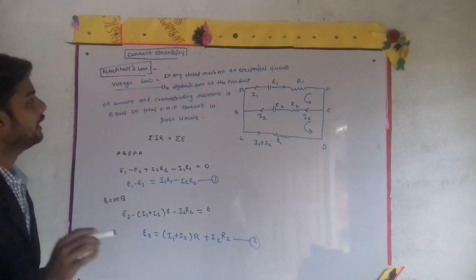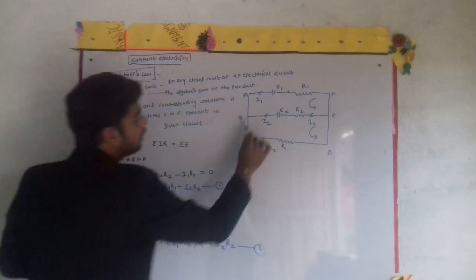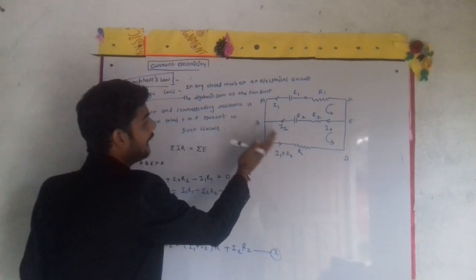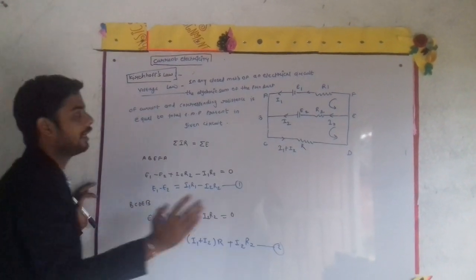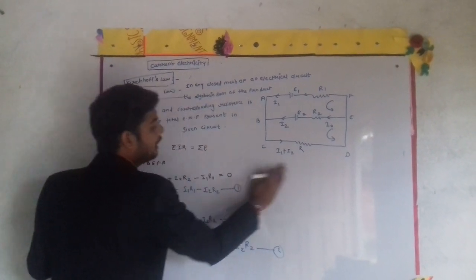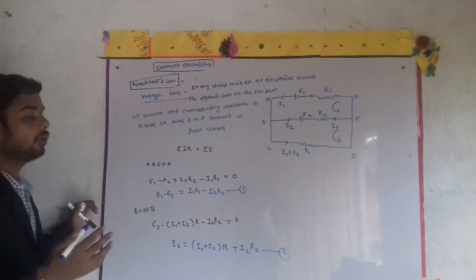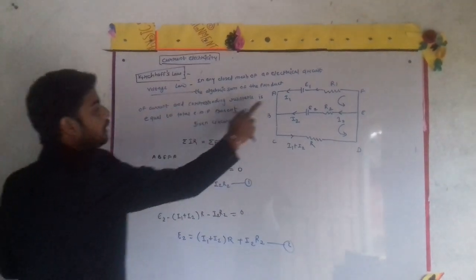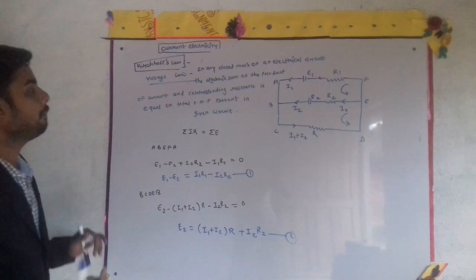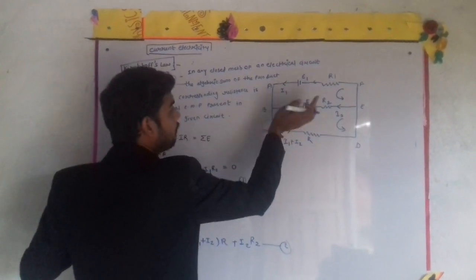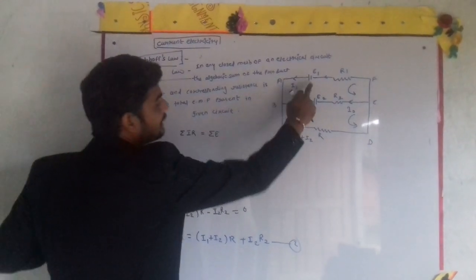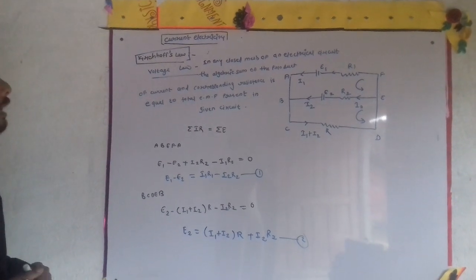It states that in any closed mesh or loop of any electrical circuit, the algebraic sum of the product of current and corresponding resistance is equal to the total EMF present inside the circuit. This is the statement of Kirchhoff's voltage law.